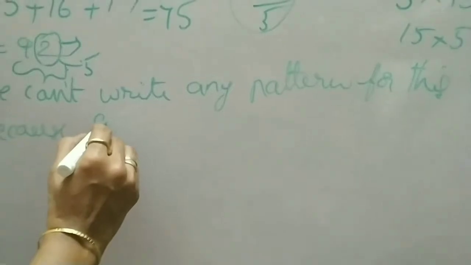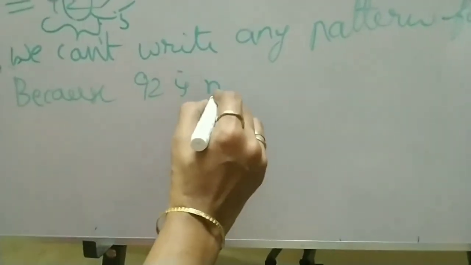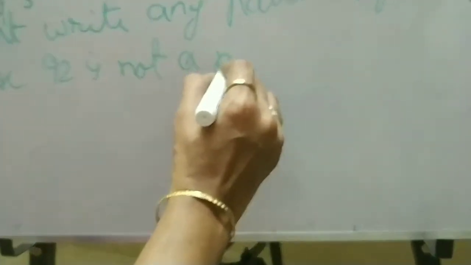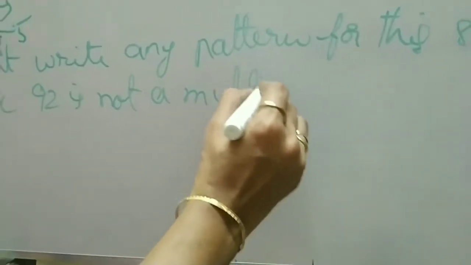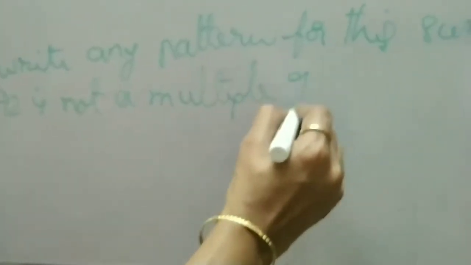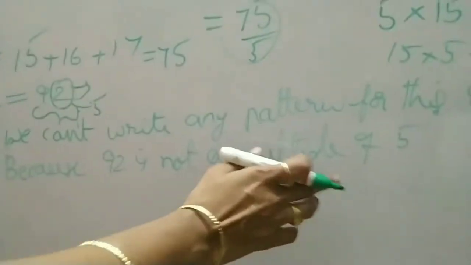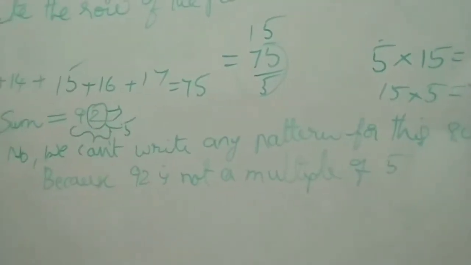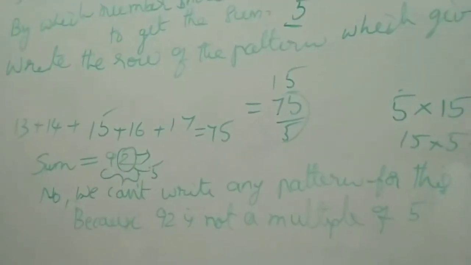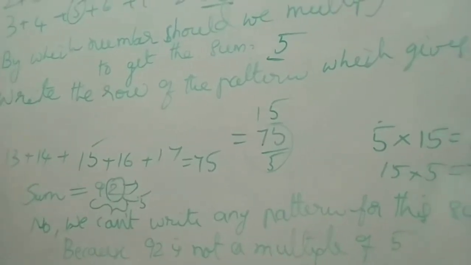Because 92 is not a multiple of 5. So we can't write any pattern. Like that you have to understand the pattern, and after that you have to solve the given problems.